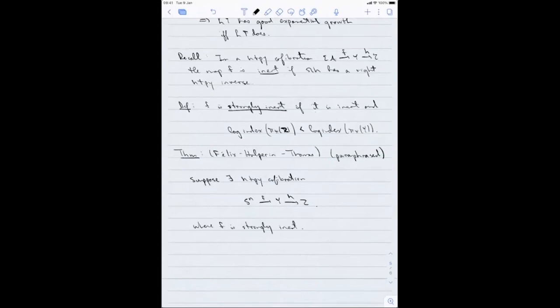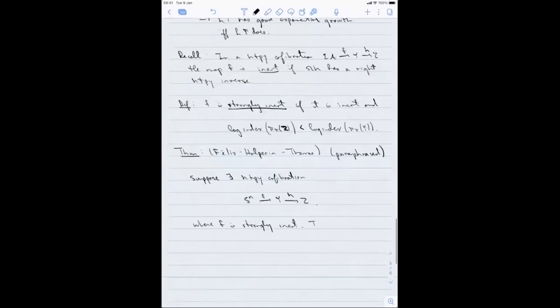Now they would have used the rational version of strongly inert, but it's the same as our version. It's just that loop H has a right homotopy inverse and you have this comparison of log indices for the rational homotopy groups of Z and Y. And the conclusion is that the free loop space of Y has homology, rational homology, with good exponential growth.